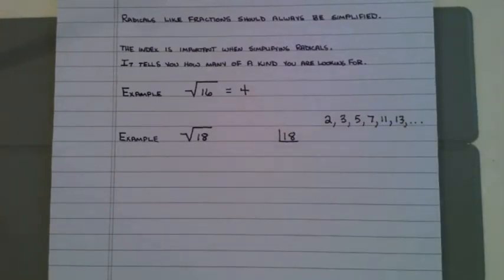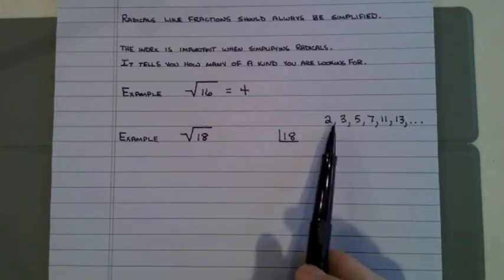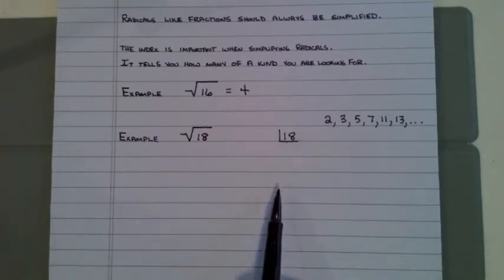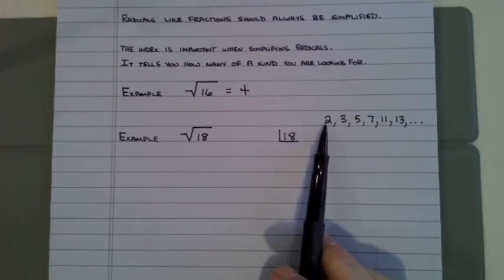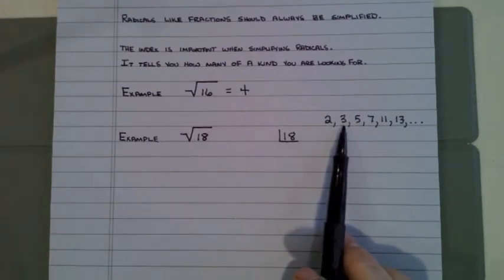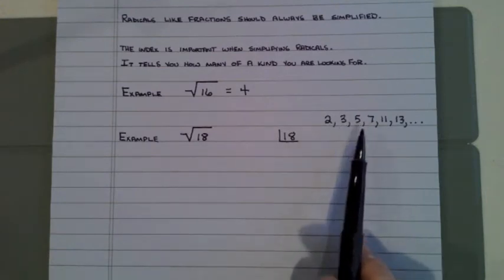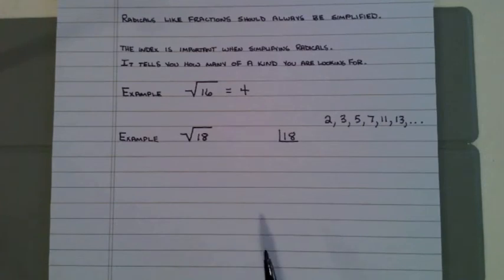I always pick the smallest prime number that will go into this number up under this upside down division bar. So I'm always going to start with 2 and I'm going to use 2 over and over again until I can't use 2 anymore. Then I'm going to try 3 and then I'm going to try 5. Once I get a prime number, then I'm going to stop.